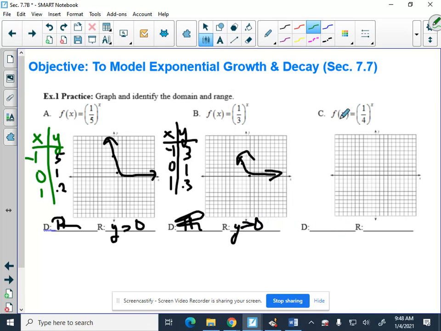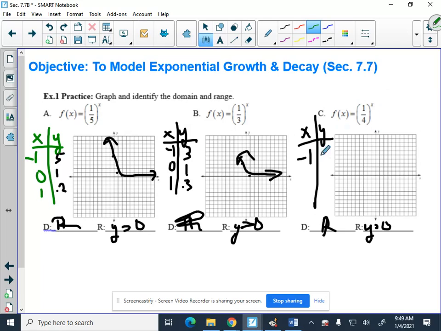All right, without doing this next one, what do you suppose the domain's going to be? All reals. Now, if you compare it to the other ones, what do you think the range will be? It's going to be greater than 0 because it still looks the same. It's still a positive fraction, right? So now you can put in some numbers. If you put in -1, when we had 1/5, we got 5. When we had 1/3, we got 3.